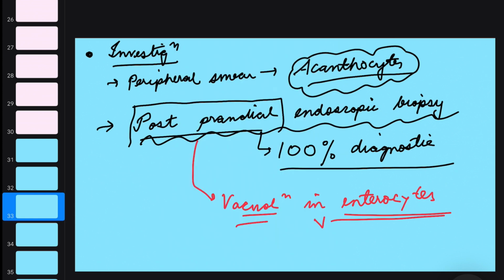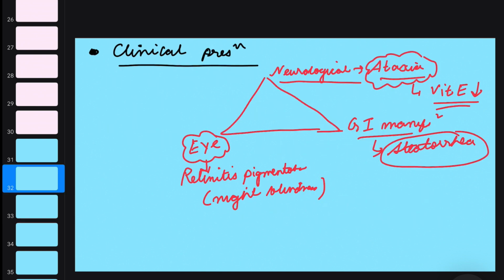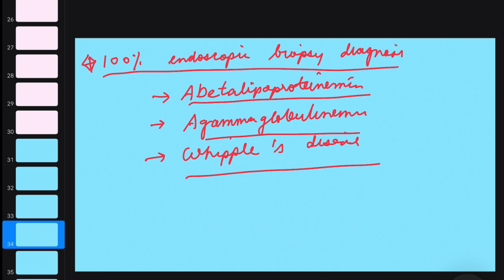So that brings us to another thing that I forgot to mention, or I did mention, but I said that I'll explain it later, which is, why are we getting ataxia? What is this vitamin E deficiency? Suddenly, why am I getting vitamin E deficiency as a clinical presentation in Abetalipoproteinemia? You should know what fat soluble and water soluble vitamins are, right?